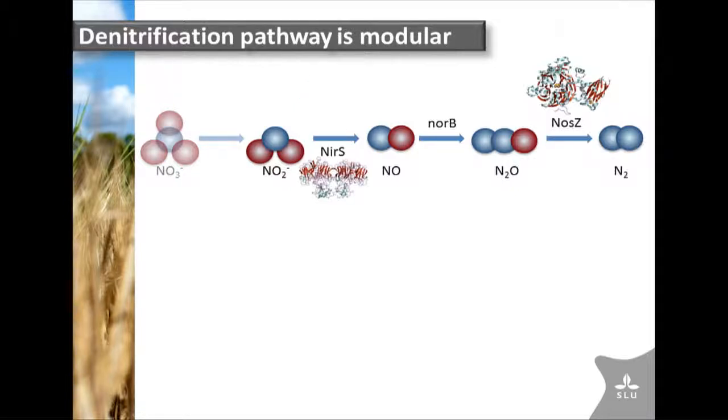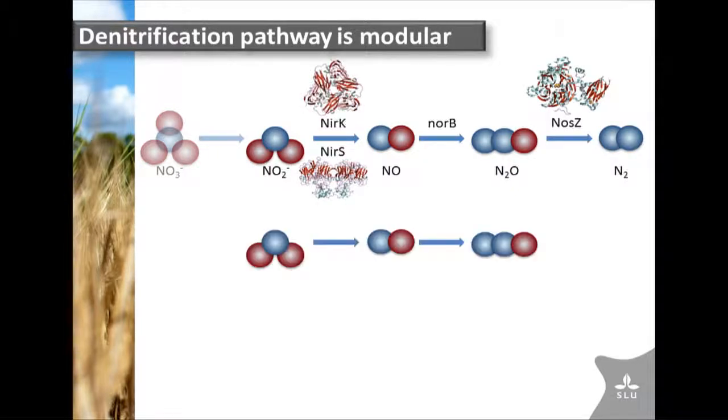Then we have the other types that have the other type of enzyme for this reaction. And then we have those that do not have the last step, so they don't have the capacity for nitrous oxide reduction. And then we have the third type, which have only the last step, only nitrous oxide reduction capacity.